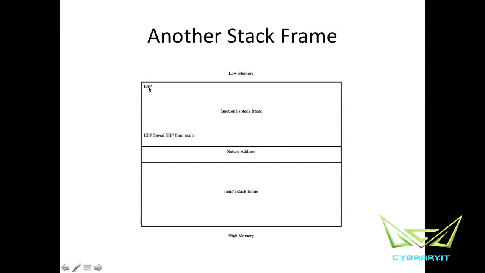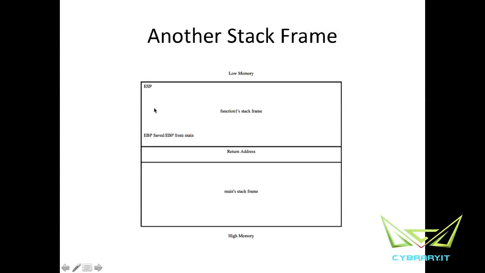While function1 is executing, ESP will be at the lowest memory address, or top of function1's stack frame. EBP again kind of looks like it's gone up a little bit, but it is pointing at the bottom of the current stack frame, and it also has, in this case, the saved EBP from main. So at the bottom of function1's stack frame, we have our saved EBP.